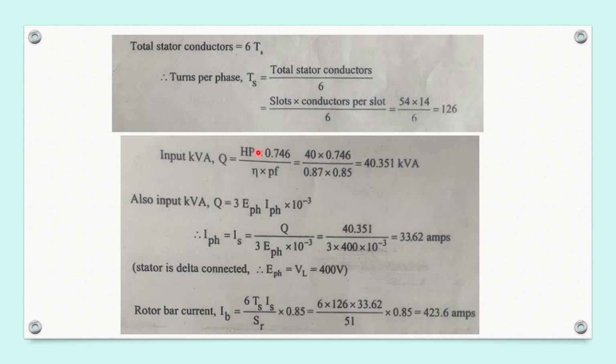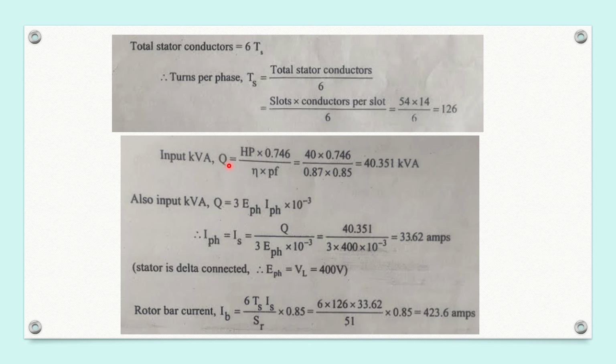The output power rating in HP into 0.746 gives the output power in kilowatt. 40 HP into 0.746 gives the output power in kilowatt, and that value divided by the efficiency gives the input power in kilowatt, and the power in kilowatt divided by the power factor cos phi gives the power in kVA.